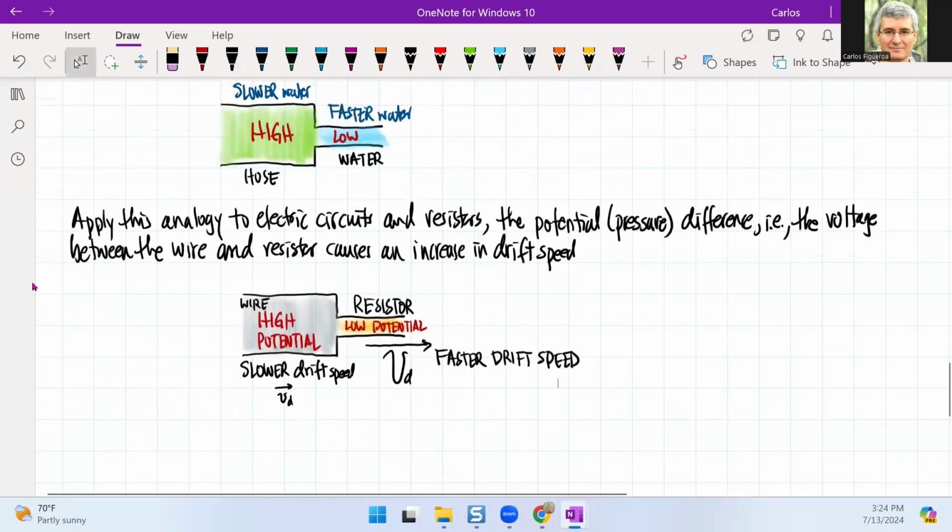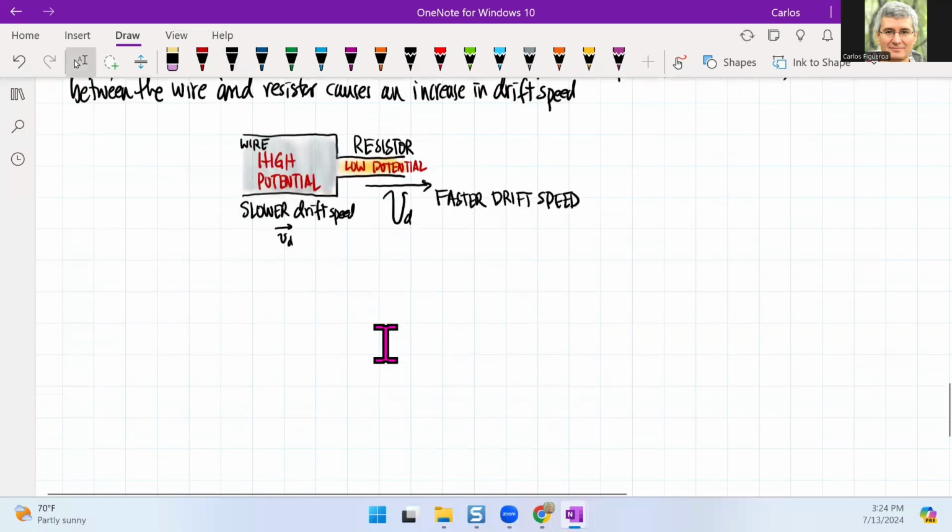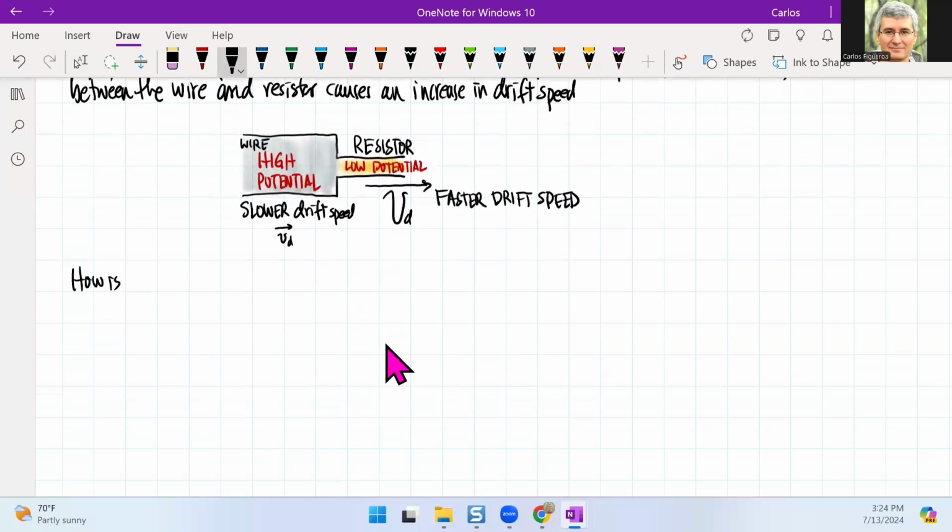So now our job here is this. How is this potential difference, or voltage, created?